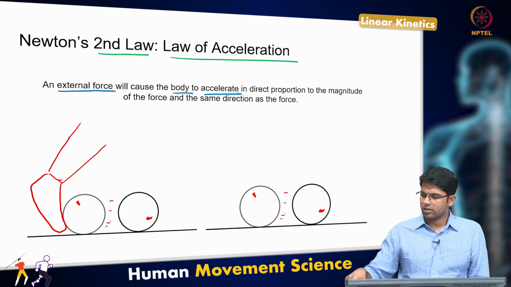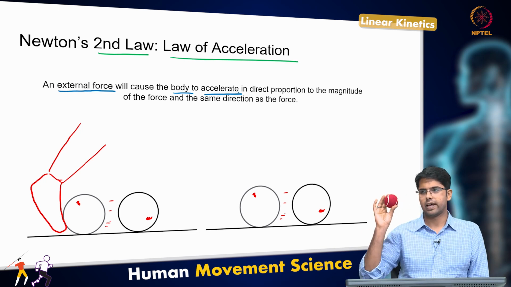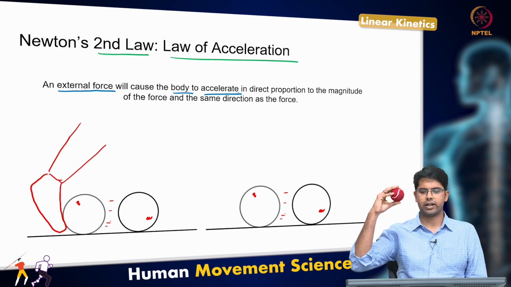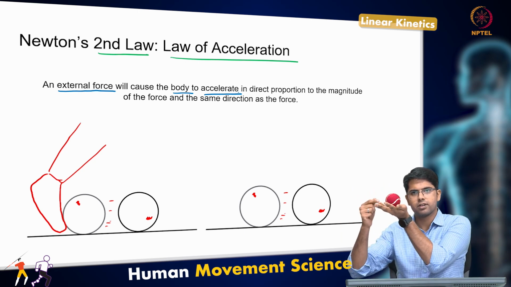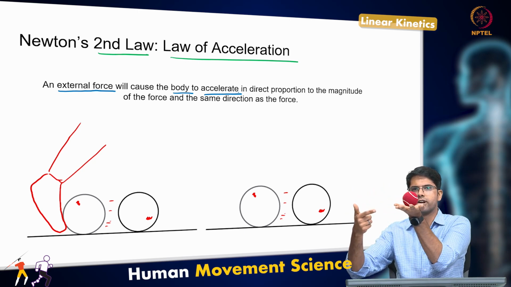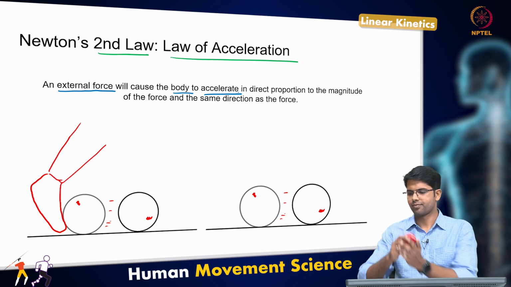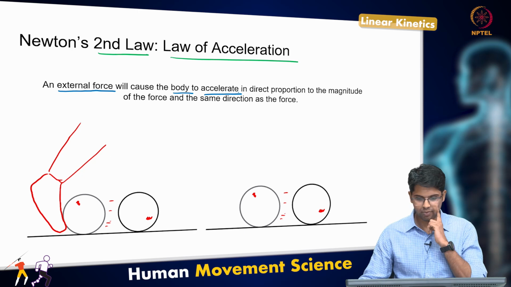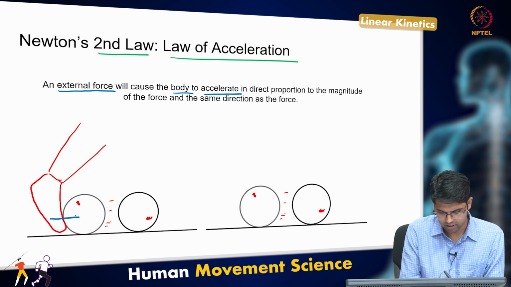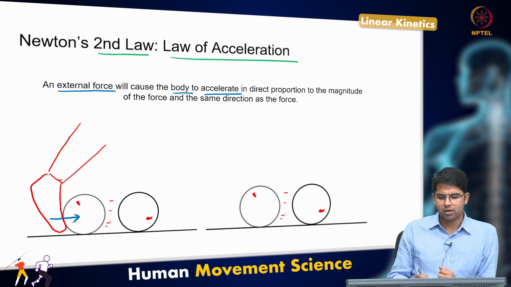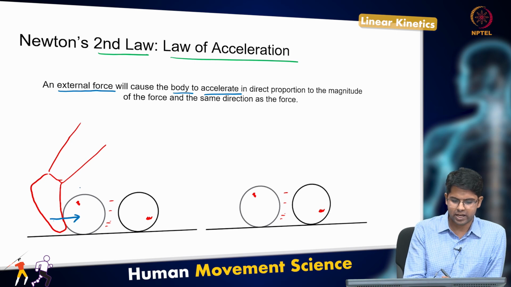So there has to be an external force that will cause the body to accelerate. If this ball is in a particular state right now, and I apply a force on it, it will accelerate. Here, this player has applied a force on this ball, which is causing it to go from, say, an initial velocity of 0 to a final velocity at time t of, say, 2 meters per second.